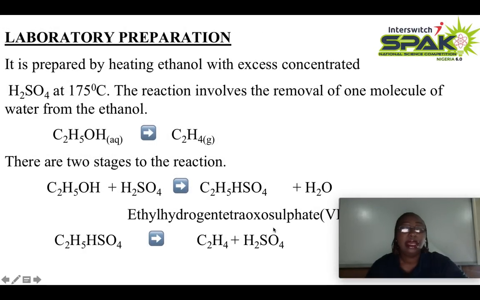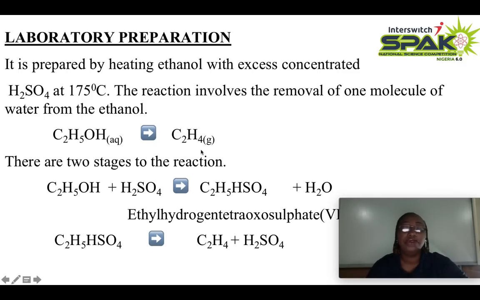It was said earlier that ethene is prepared in the laboratory by dehydrating ethanol in the presence of concentrated tetraoxosulfate 6 at 175 degrees C. This involves removing elements of water from ethanol, in this example, to give you ethene.